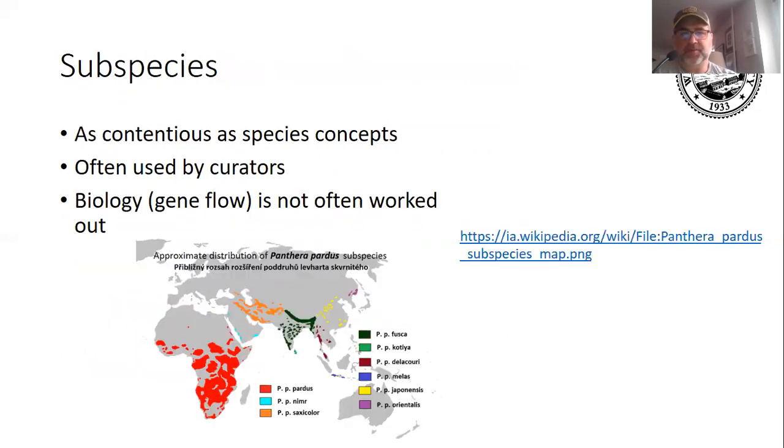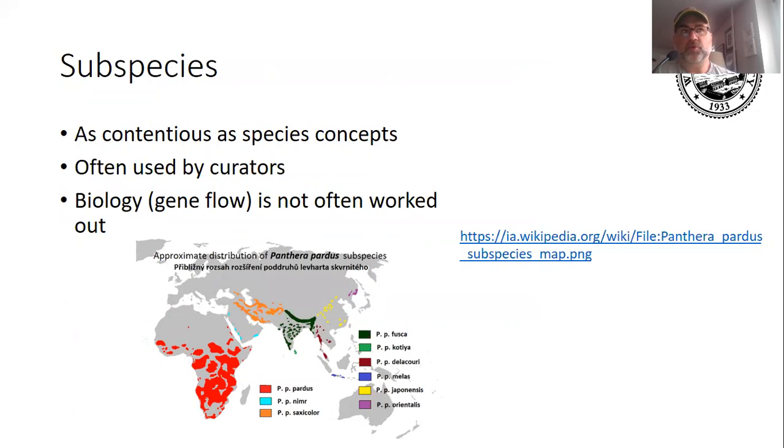So I'll talk about subspecies, even though it's probably more contentious than species concepts. It's often used by curators in museums, and you'll see it published as well in biodiversity studies. So often the biology is not worked out, so in particular gene flow.